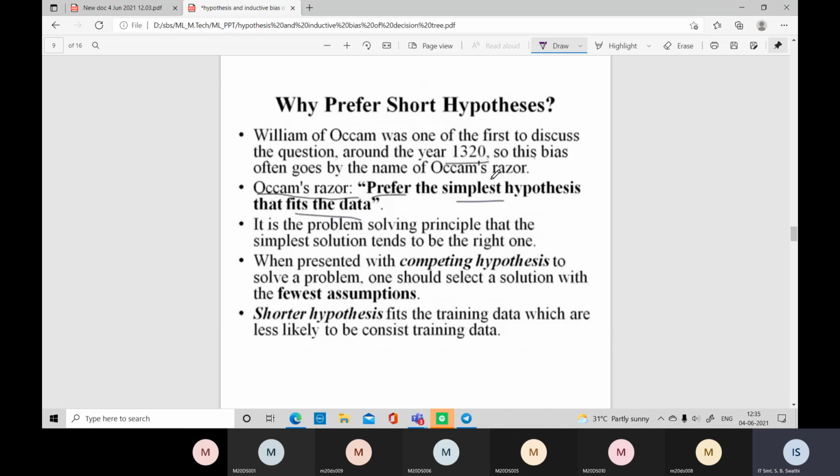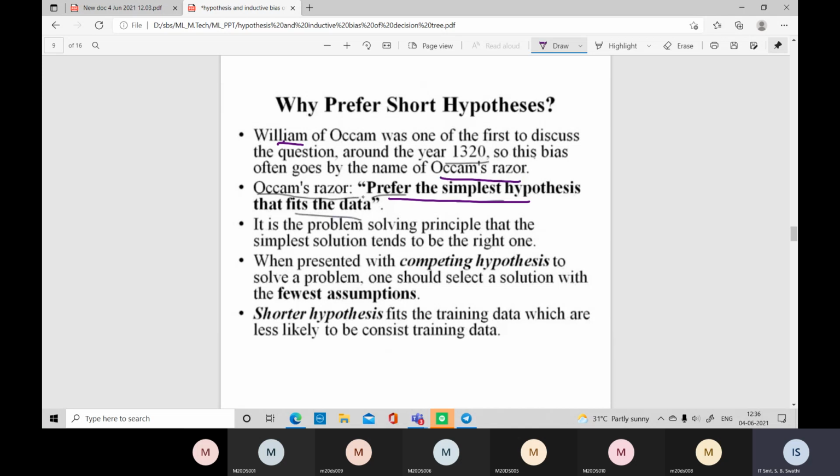That was suggested by a person called William, who proved that the decision tree of shorter length will provide a more efficient result in very little time. That particular principle is named Occam's razor.